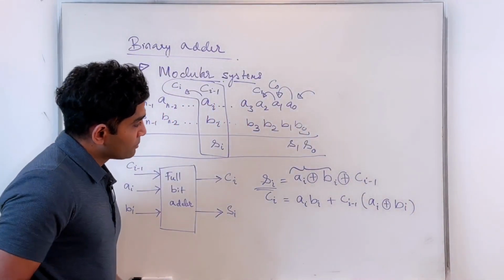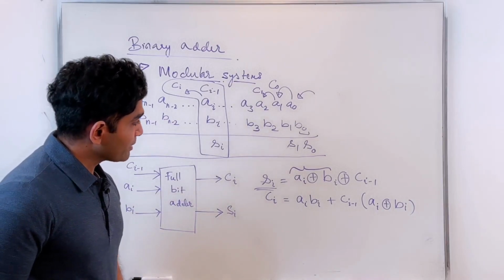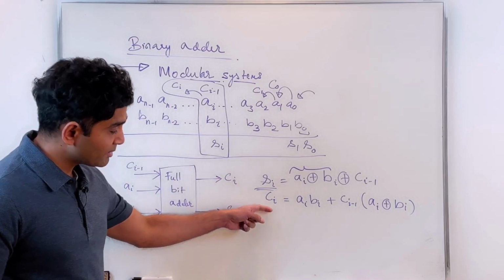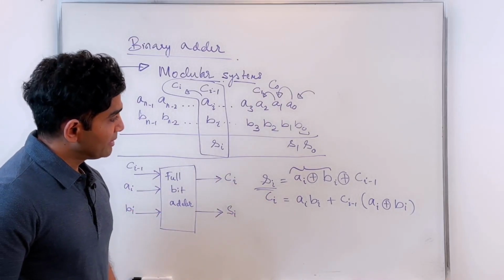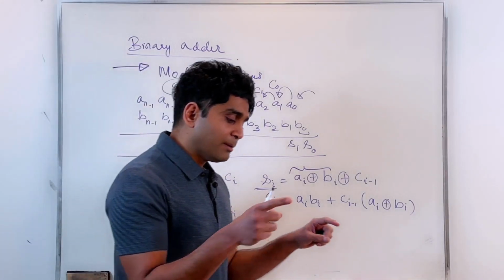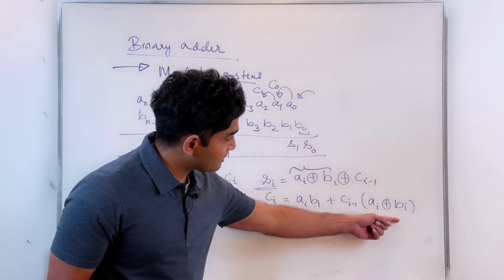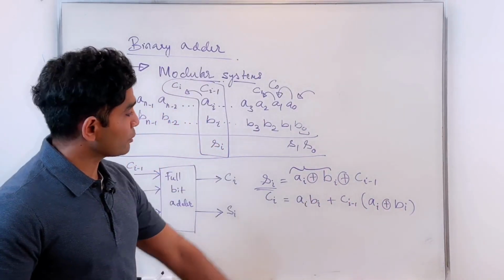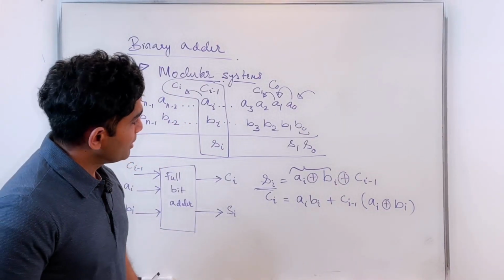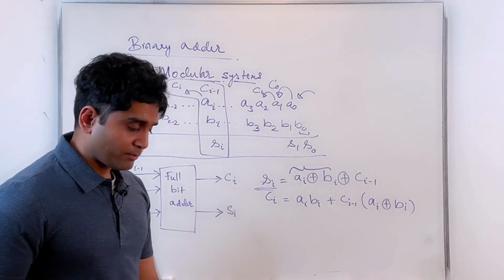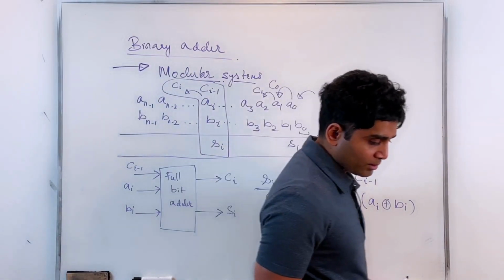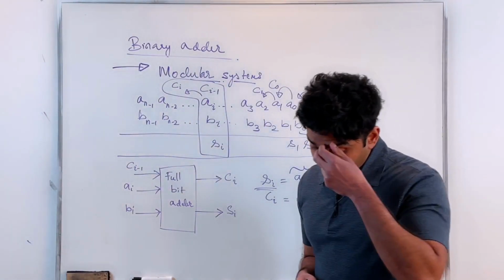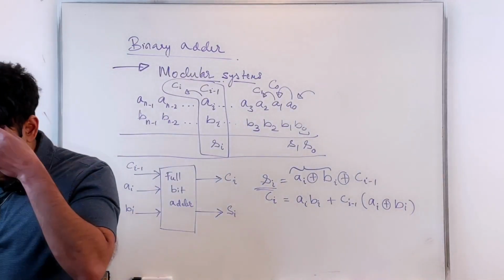And that's exactly what we have done. By taking the implicants in the K-map for CI so that I can get the expression AI exclusive OR BI, I can reuse this term. It's not going to change the value of this function, so that makes my circuit a little bit more efficient. Okay.